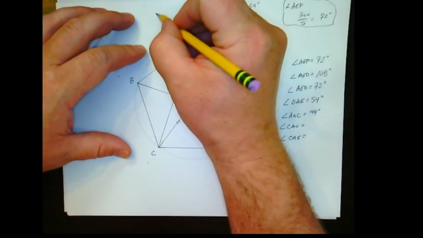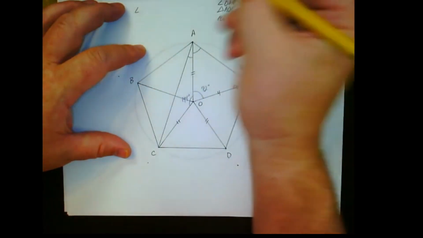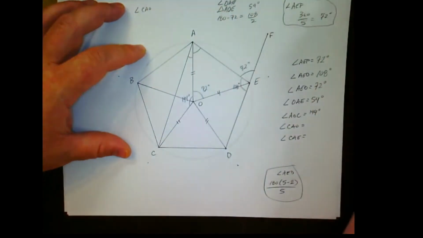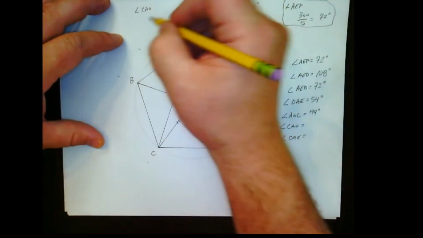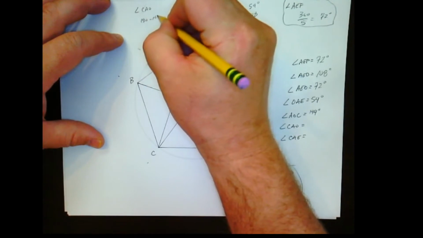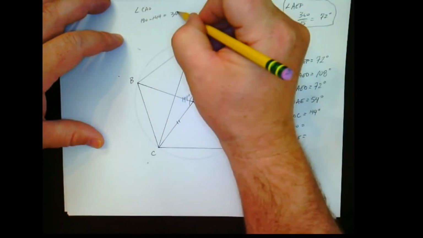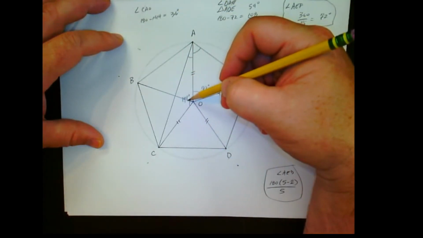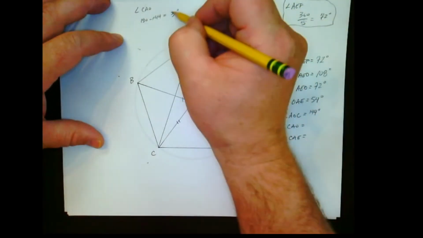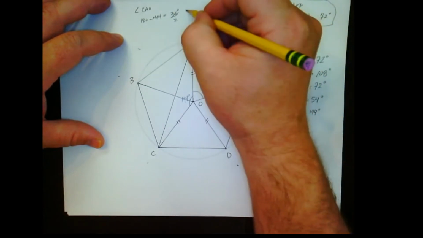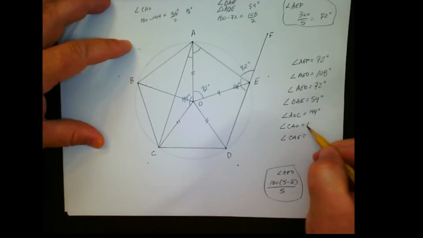So here's the deal. If we subtract that angle from 180, because that's what the triangle adds up to, we have 36. They're both the same because it's isosceles, so 18 degrees.